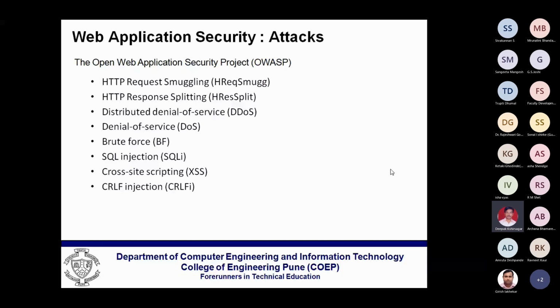Your request is smuggled or listened to by a third party. The hacker embeds their own code, and that goes with the request to the trusted party. That is called an HTTP request smuggling attack.